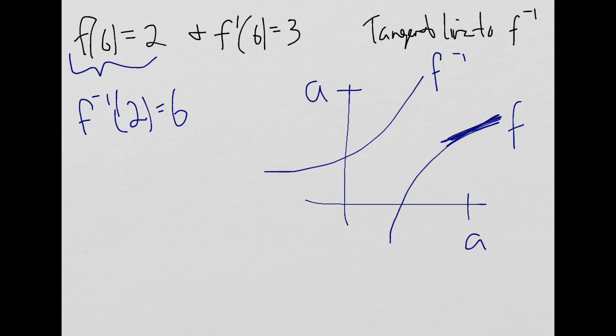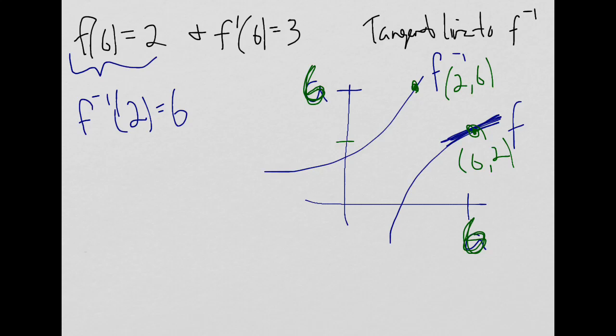So this is like my 6. Why don't we just make it a 6? So f of 6 is that, right? And then this is my height of 6 on f inverse. And we'll call this 2. So this guy is like my (6, 2). And this guy on f inverse is my (2, 6).